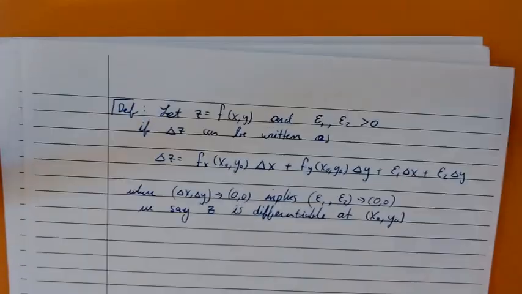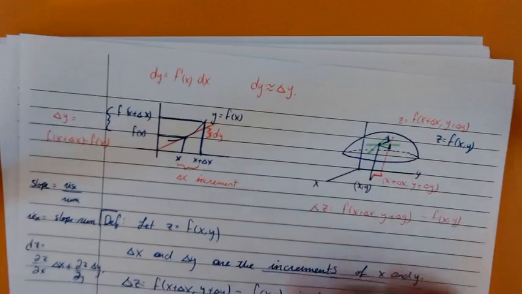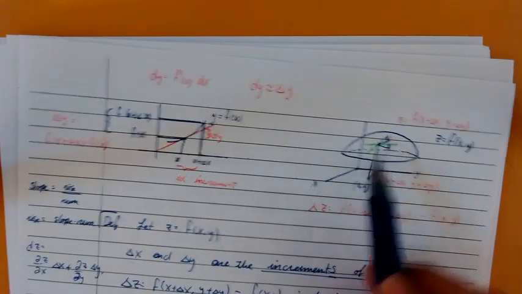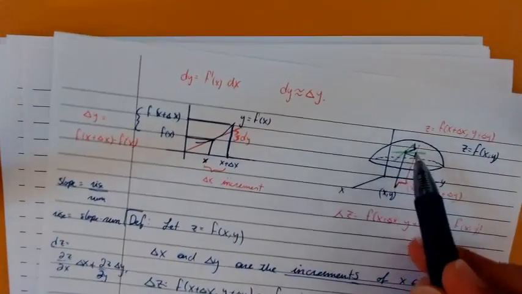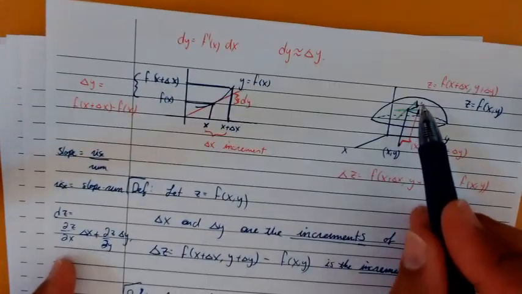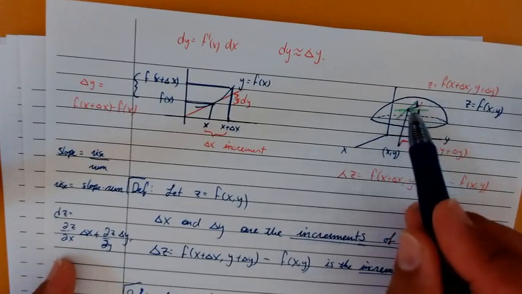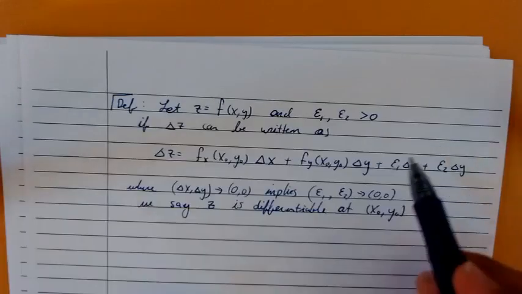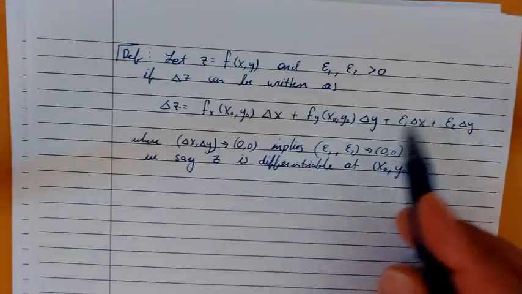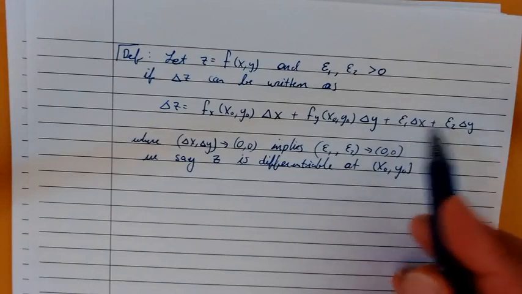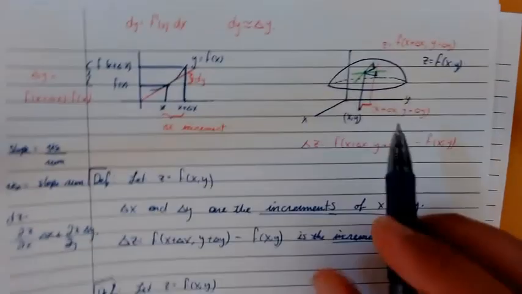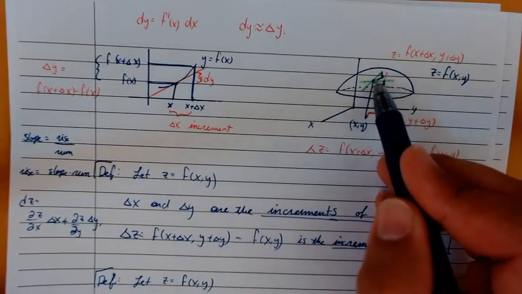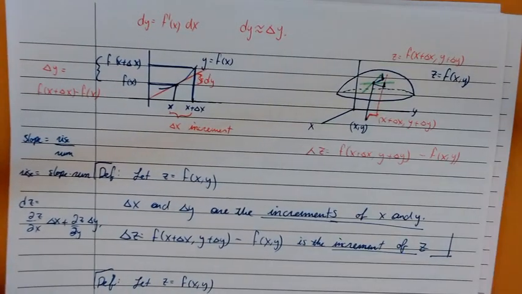Basically, going back to our previous illustration, if the sum of the approximations is very, very good at approximating this change from here to here, and in fact not only is it very good, but it actually becomes perfect, because these little bits of extra stuff go away as you get even closer, if this approximation is good and is perfect as these points get closer to each other, then we call the function differentiable.